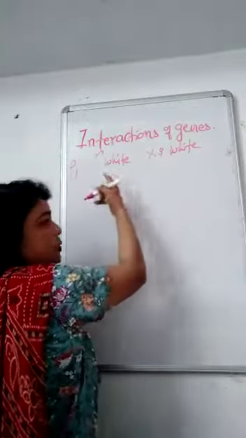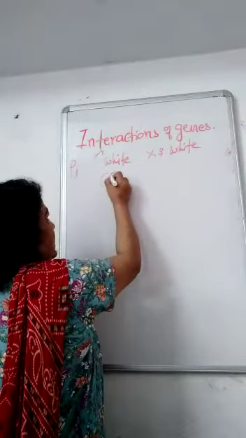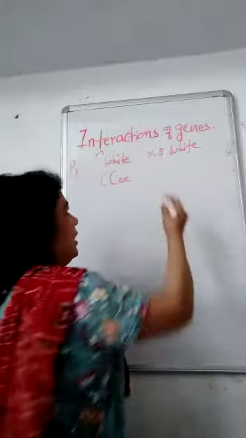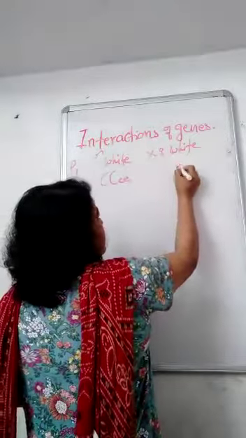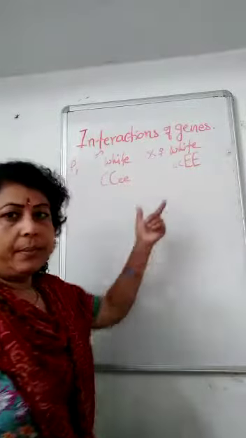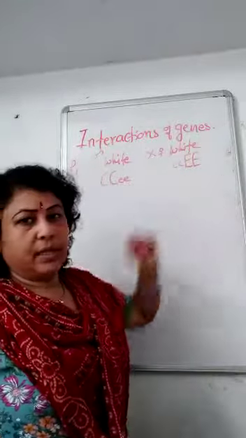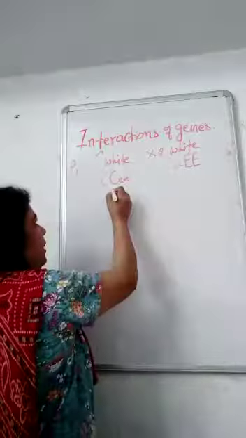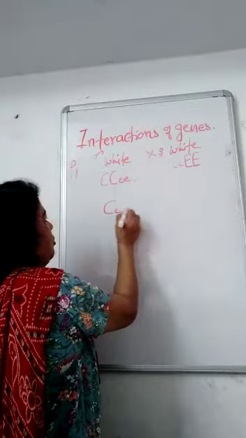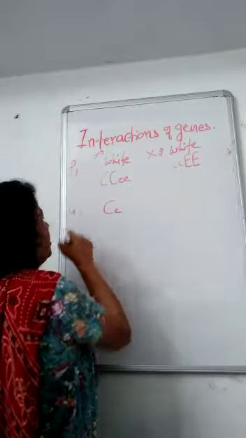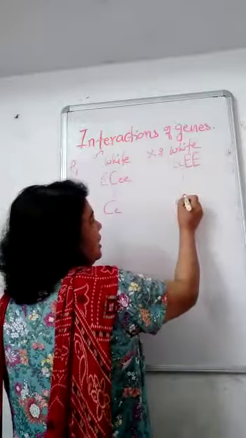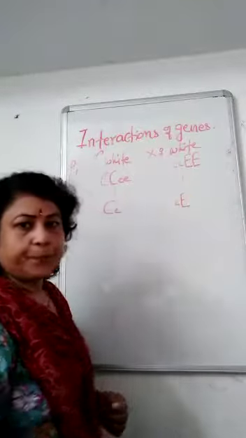So it is homozygous for C. So capital C, small c... capital C, small e, small e. Here, small c, capital E, capital E. That means both the parents are homozygous. So this white produces a gamete, that is capital C, small e, that is G1. It also produces the similar small c and capital E.